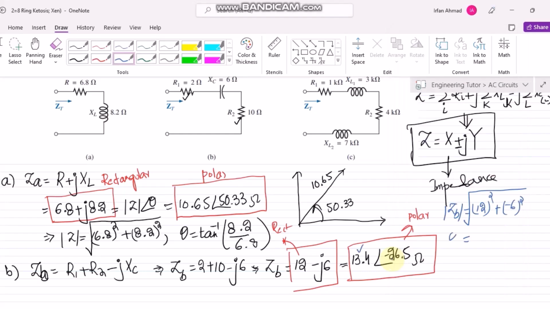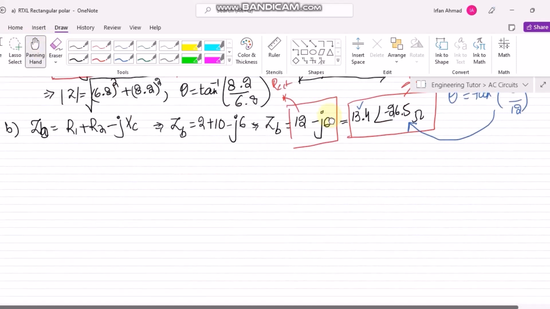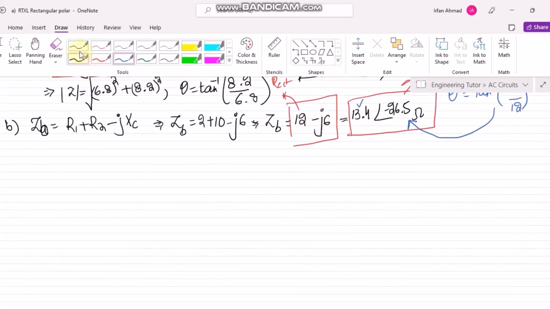Similarly, in order to find the value of theta, we have to write the tangent inverse of minus 6 over 12, and calculating it, it will also give me minus 26.4 as well. Okay. So, now representing it, let me go down and represent it over the complex plane here.